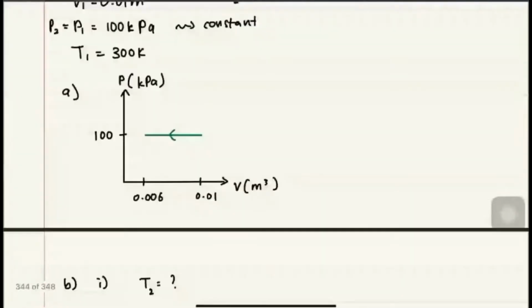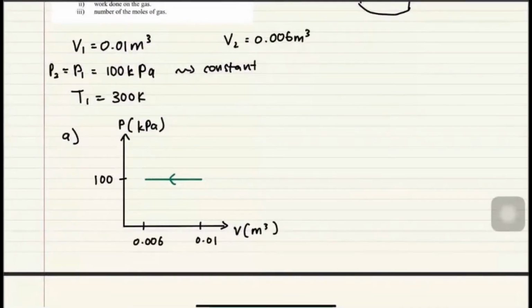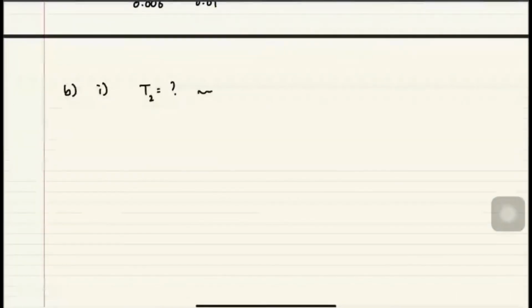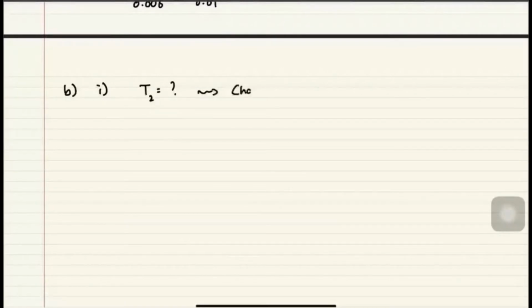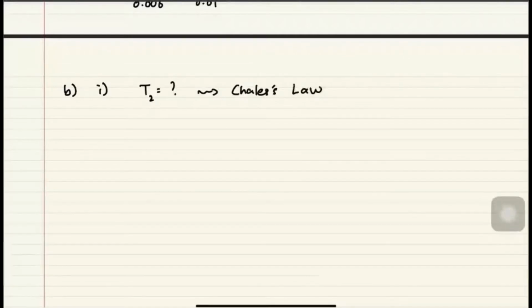You do have values for V1, V2, P and T1. What formula do you want to use? Charles's Law. Yes, you can apply Charles's Law. I don't remember the name, hopefully it is right. Or in other words, you can apply the triangle. Check Charles's Law again and correct yourself if it is wrong.